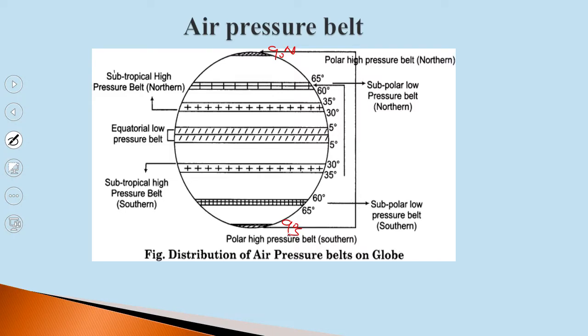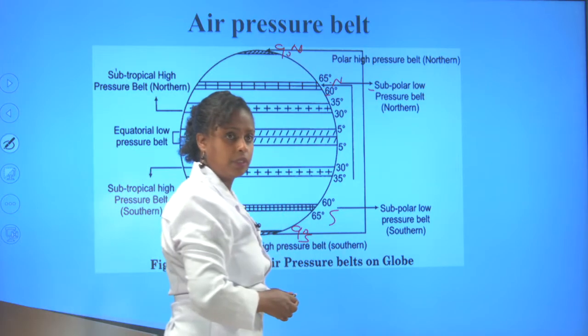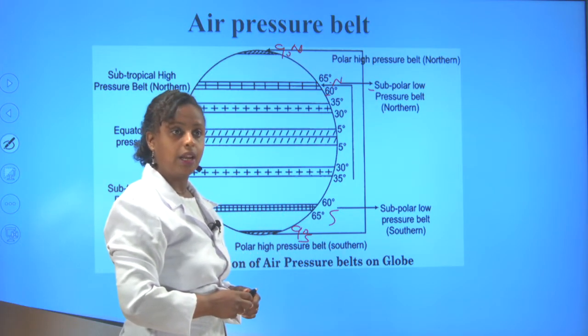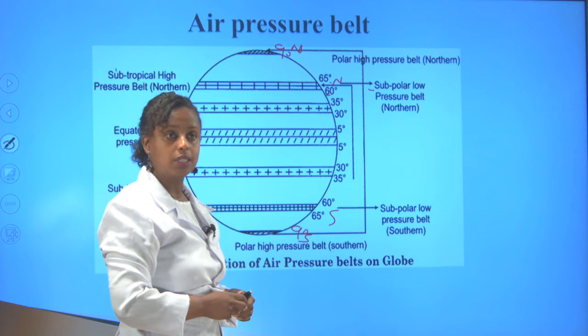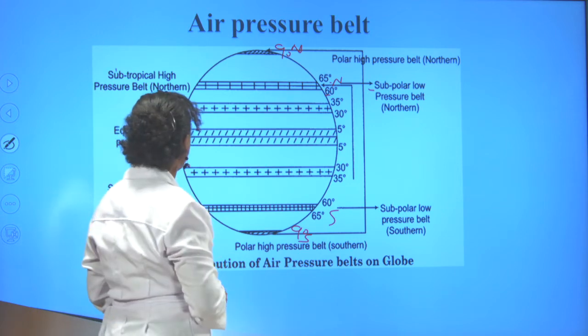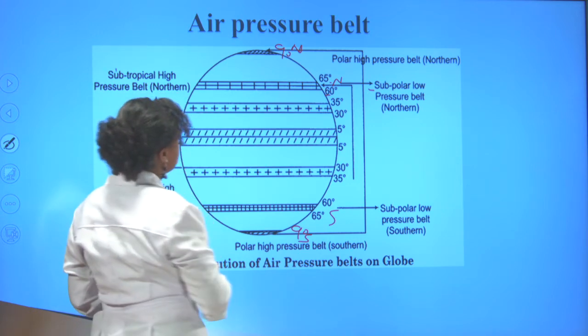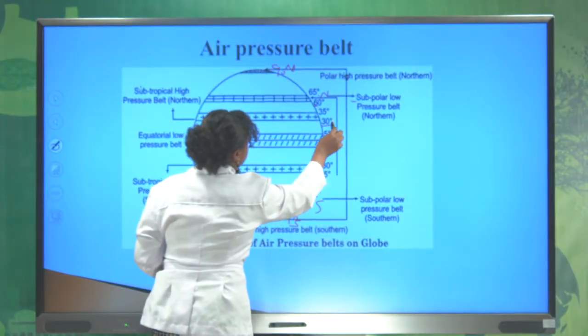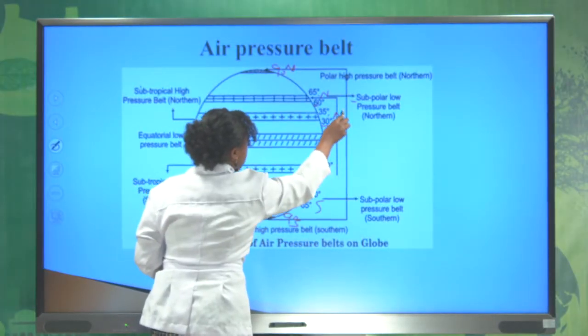The other one is the subpolar low pressure regions. These regions are located 60° up to 65° north and south. The other one is the tropical high pressure belt or the horse latitude region. These regions are found 30° up to 35° north and south.